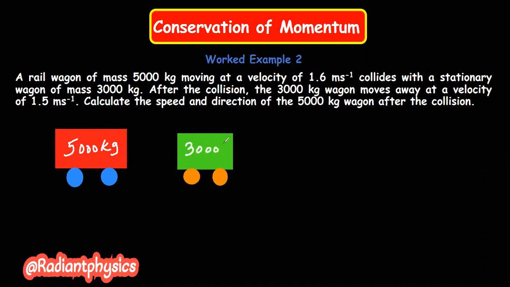This one is traveling with an initial velocity, which is given as 1.6 meter per second. And this one is stationary, so its initial velocity is going to be 0. So I'm going to put it here. Now, the initial velocity of this is 0, so let's put it down.